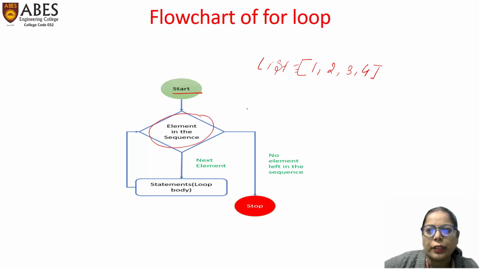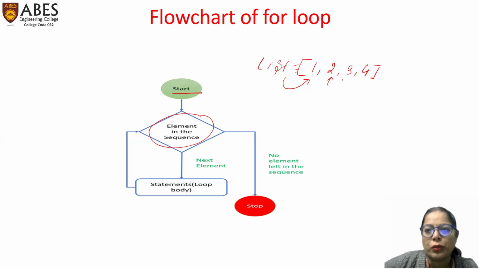It checks if an element is in the list, it prints it and moves on to the next value. So that value will be printed and it goes to the next element. The next element here is 2, and 2 will be printed.